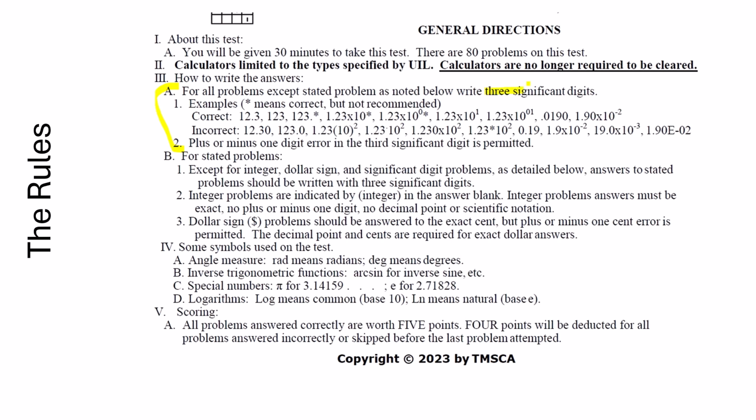So 3 significant digits means that 12.3, you can see 1, 2, 3 digits there. 123 has 3 digits. 123 with the decimal is fine, but you're wasting time by the decimal. So you can see that star. That means it's correct, but it's not recommended. I'm sorry, you can write 12.3 as 1.23 times 10, but it's much faster to write it as 12.3.